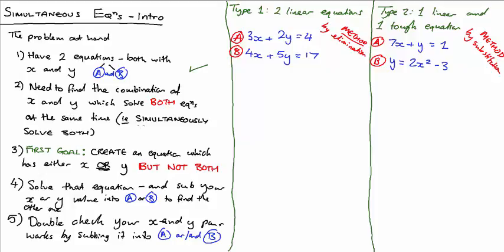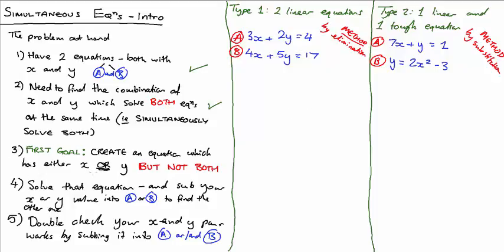You need to find the x and y which solve both of the equations at the same time. So your first goal, because you can't solve either this one or this one, is that you've got to use these two equations to create a new equation. So that's your real first goal.